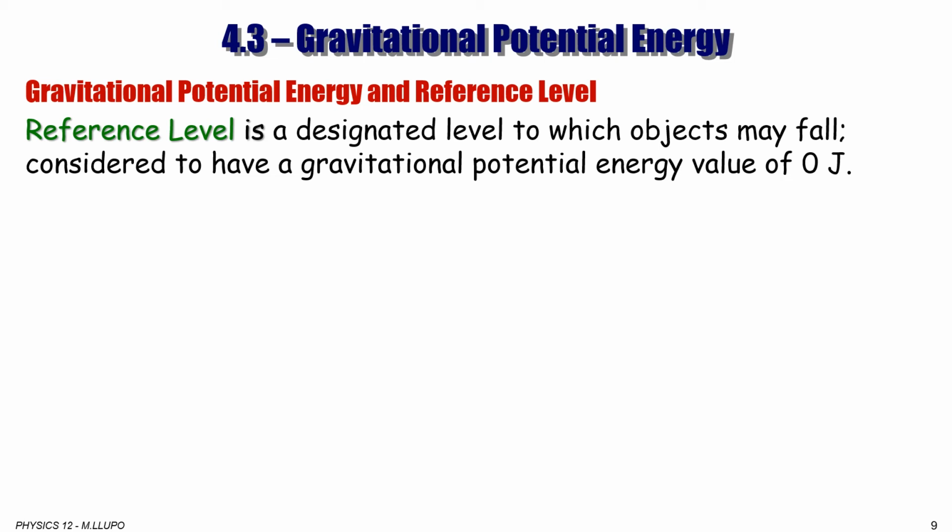Higher than a desk, higher than a floor, higher than the ground. Everything is relative. So a reference level is a designated level to which the object may fall. That is the potential of fall, because that's what we call potential energy. There's a potential, there's a stored energy.